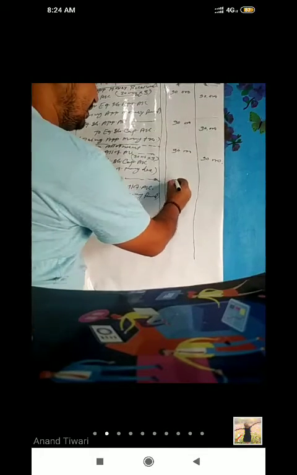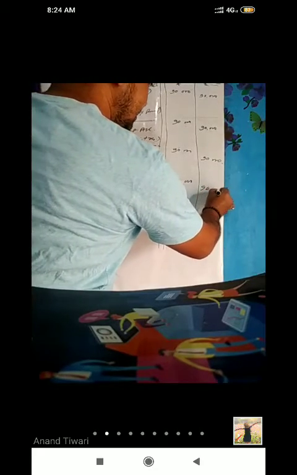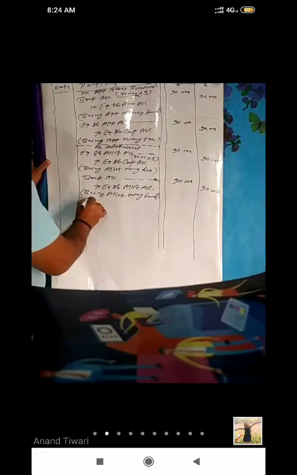How much? The same amount will be here, 90,000 and 90,000. These are the 2 entries for allotment. Is it clear to everyone? Is it visible to all of you? Okay.